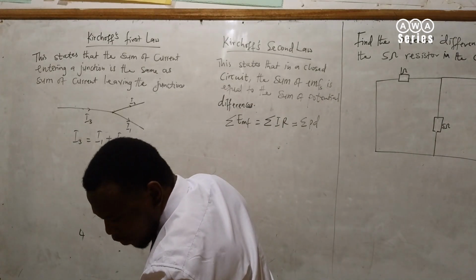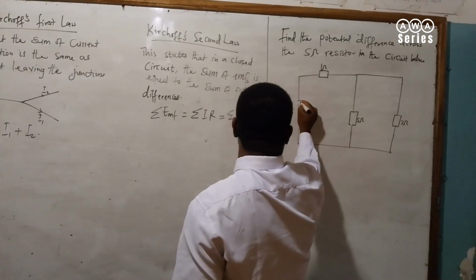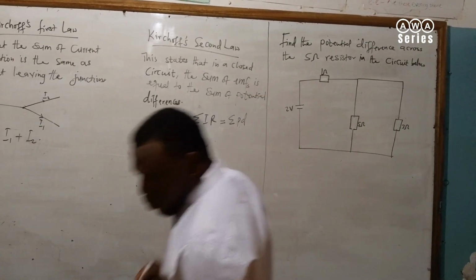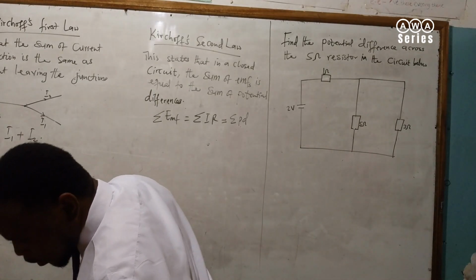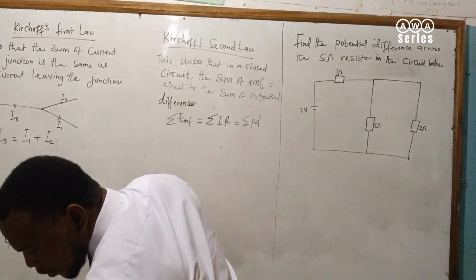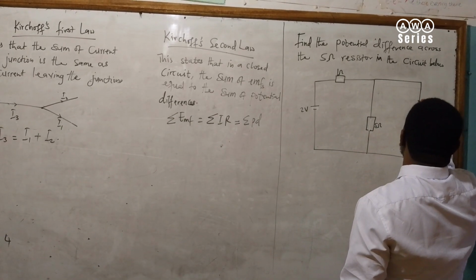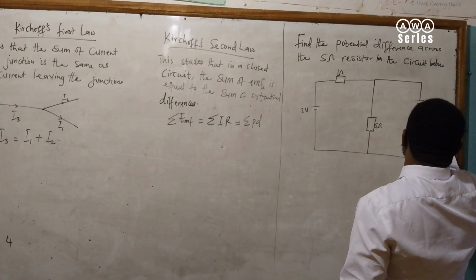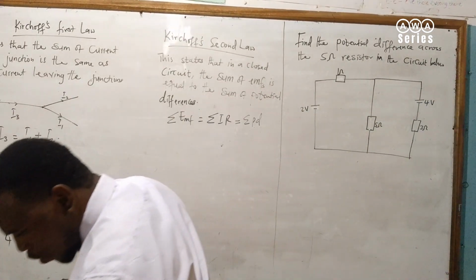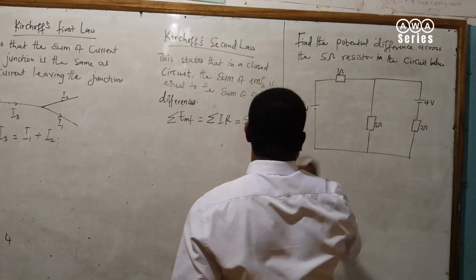The first is 2 volts. Then the next one is 4 volts. And then I1, I2, I3.